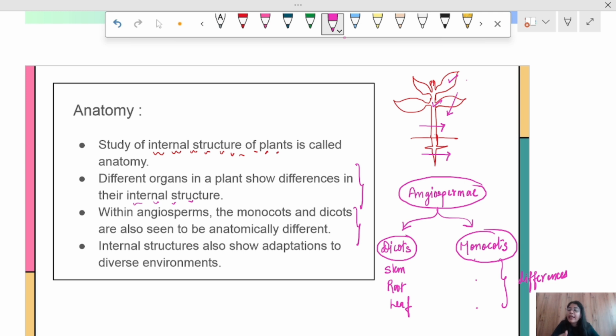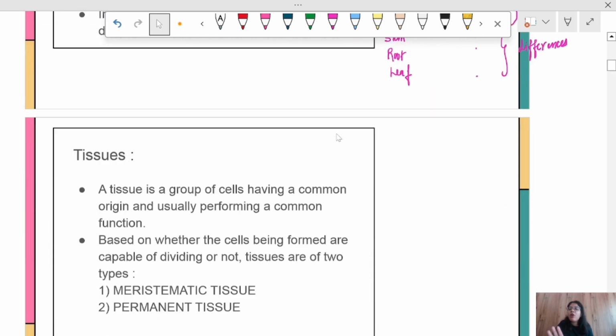And when you look at the same organ in two different plants, dicot and monocot, there also you will find characteristic differences. You will also notice that the internal structures vary because they have adapted themselves as per the prevailing environmental conditions. Understood? Okay, now we can move forward and learn the meaning of tissues.